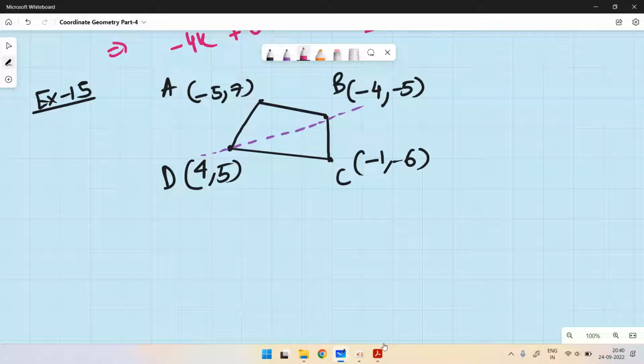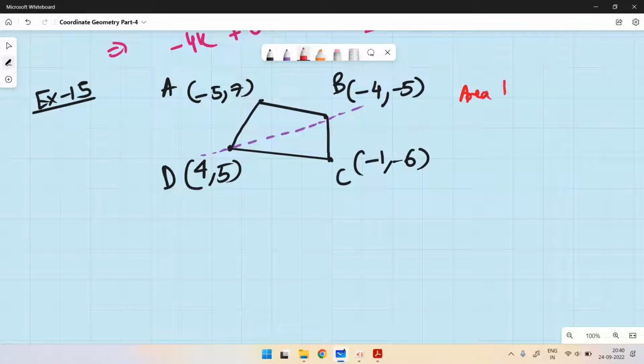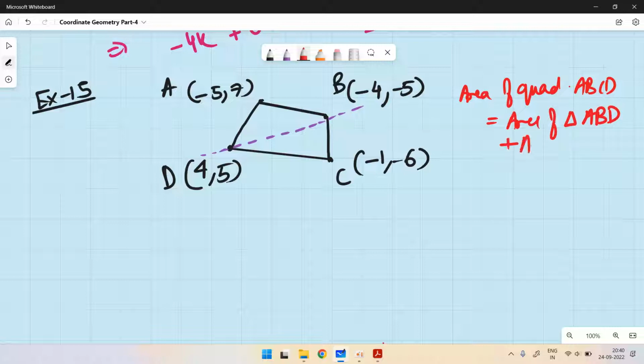Let me take a different color. So area of quadrilateral ABCD will be equal to area of triangle ABD plus area of triangle BCD.